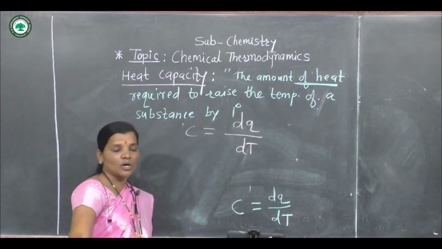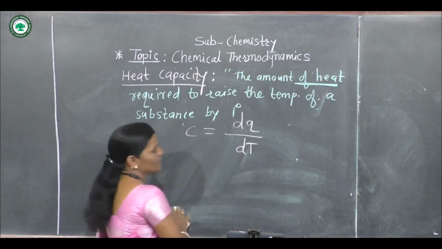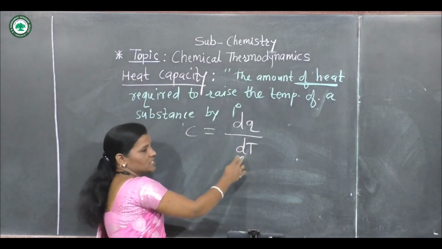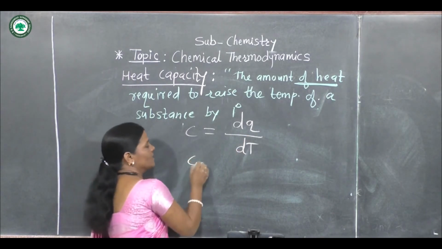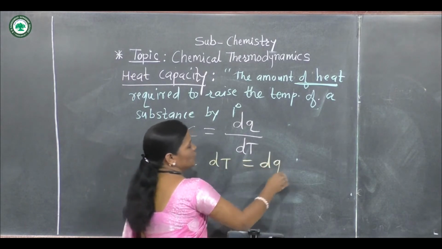Now we can do cross multiplication, because it is a simple formula. So we write C dT is equal to dQ.